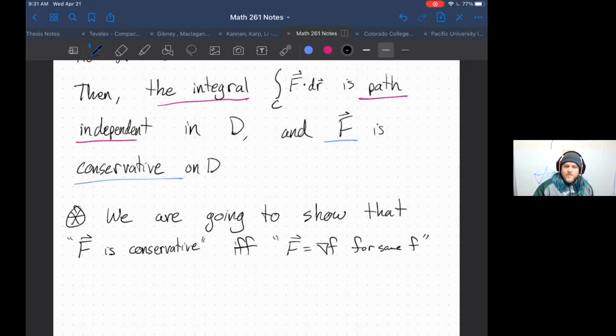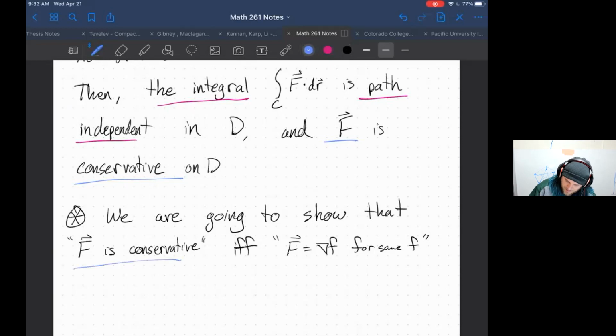So conservative vector fields are exactly gradient vector fields. These are one and the same. And we're going to show this. We're going to go into a little bit more detail about this, but this is a sneak peek of where we're going. So keep this in mind.